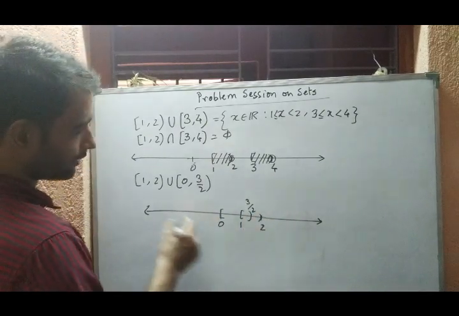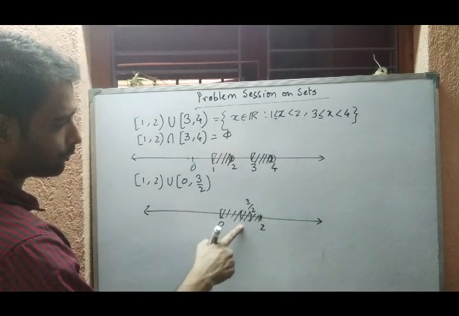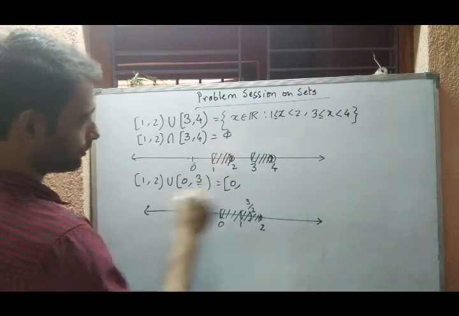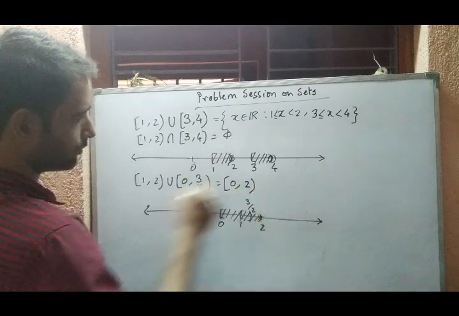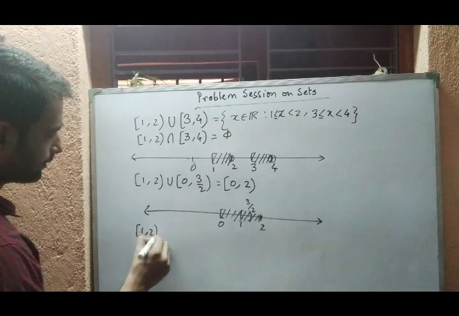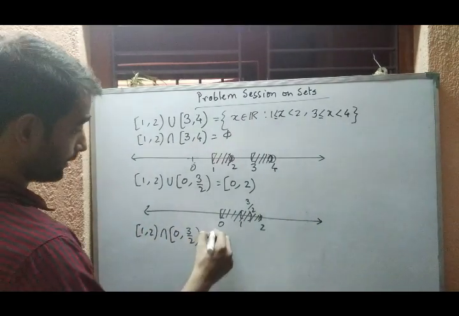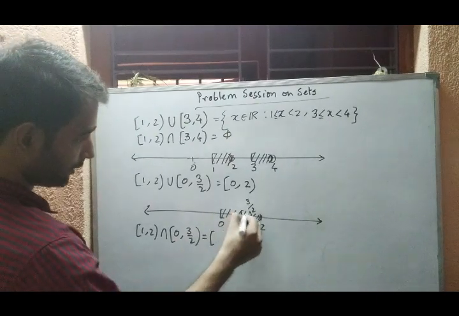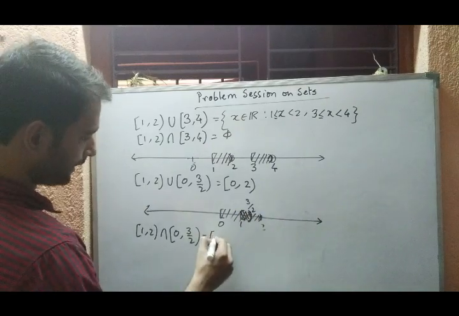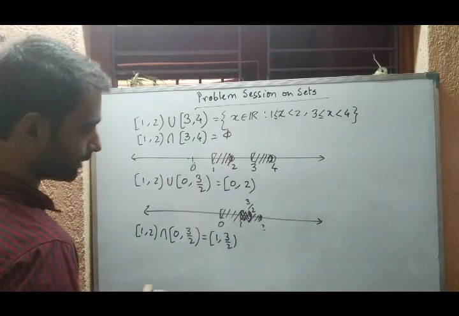If you take the union, it will take all the points from 0 up to 2, so we can write it as [0, 2), 0 closed and 2 open. If you want to find the intersection, this part from 1 to 3/2 will be the intersection, so we will write it as [1, 3/2), closed 1, 3/2 open.